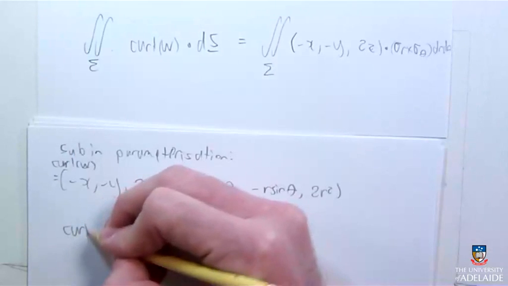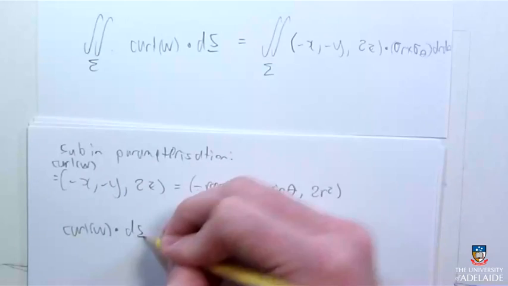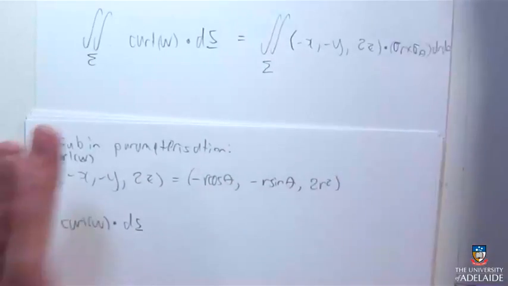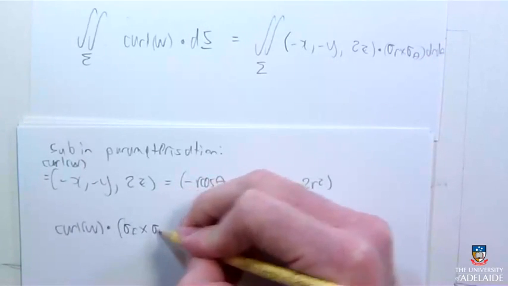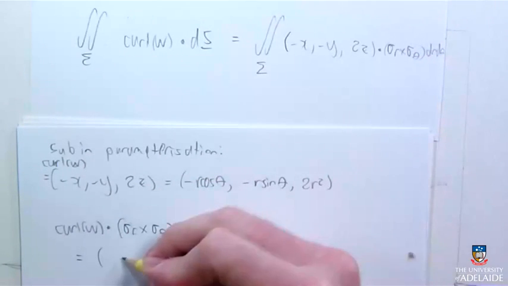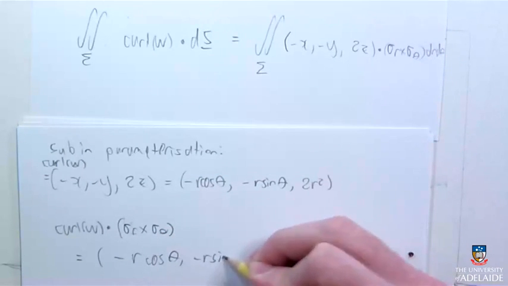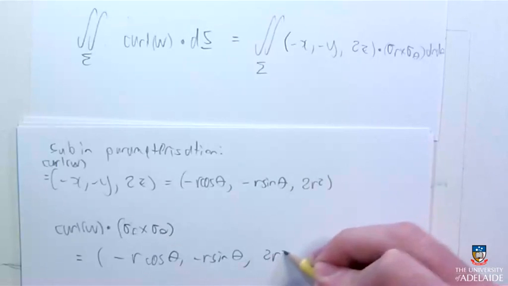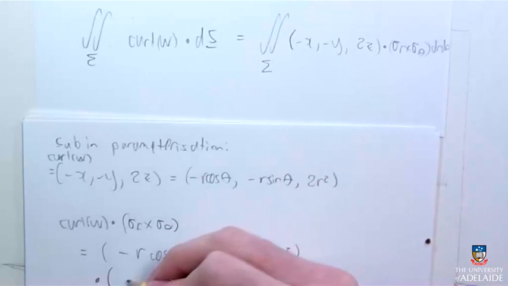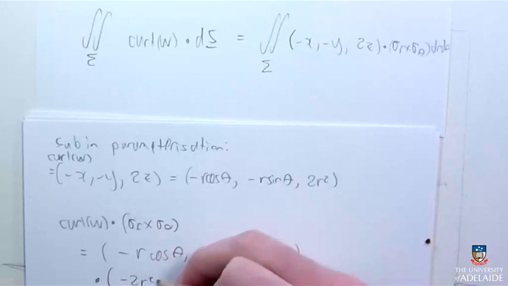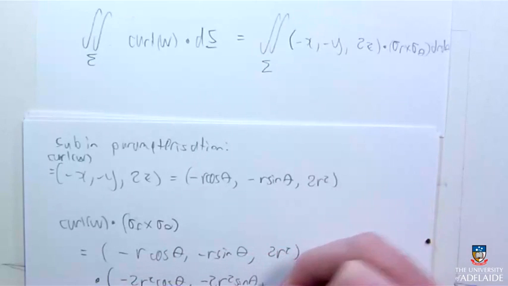So my curl w dot ds, I'll just do this bit. Sigma r cross sigma theta is minus r cos theta, minus r sine theta, 2r squared, dot with my sigma r cross sigma theta, which is minus 2r squared cos theta, minus 2r squared sine theta, r.